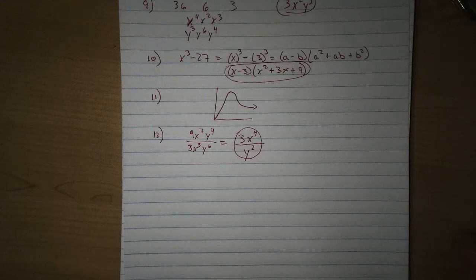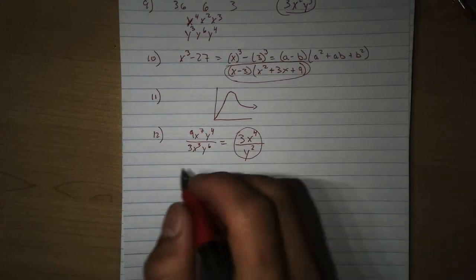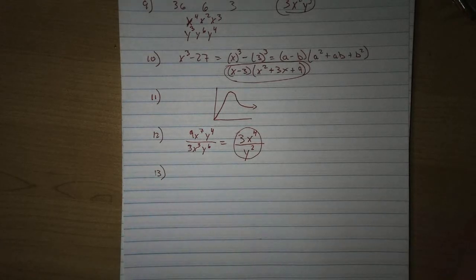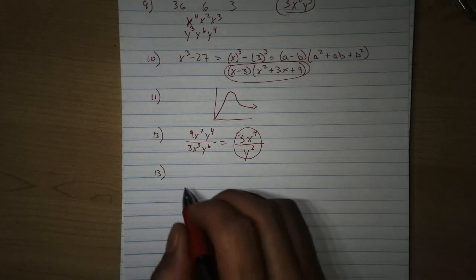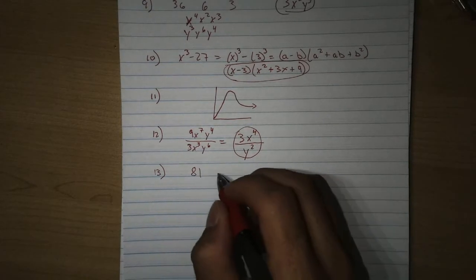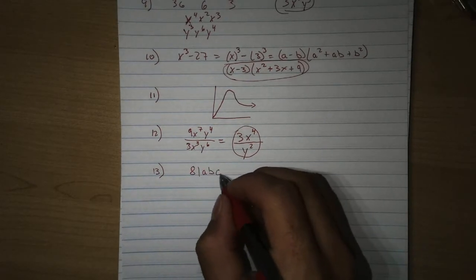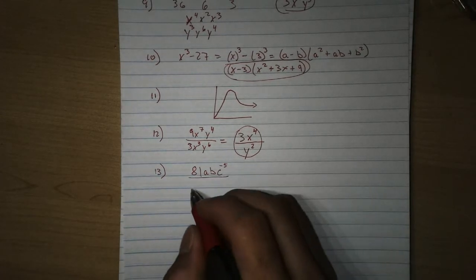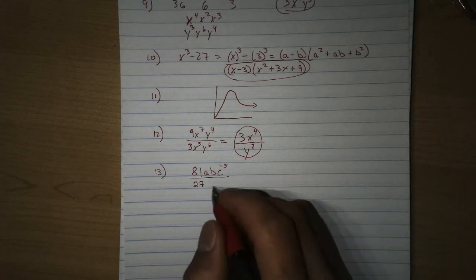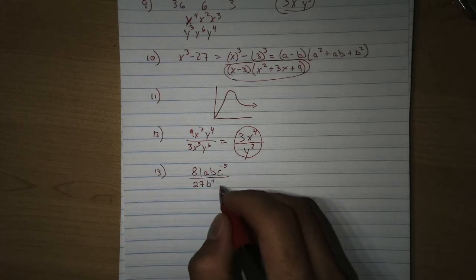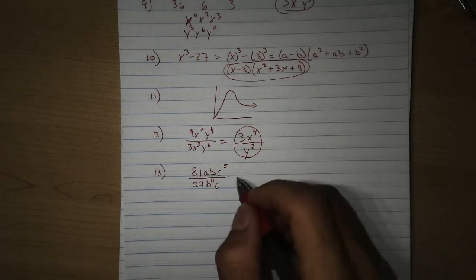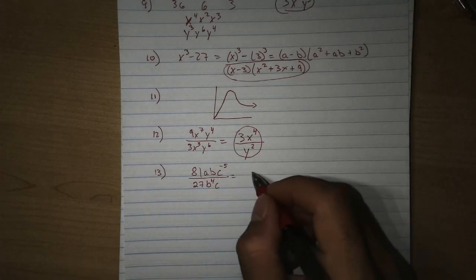Alright, number 13. Simplify. 81 over 27 goes in 3 times.